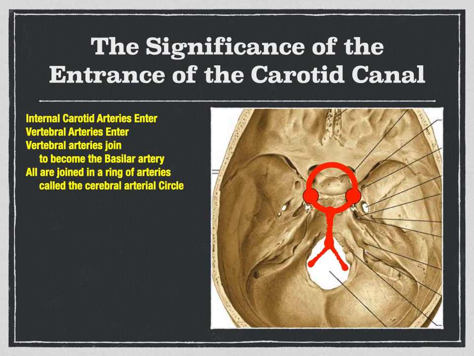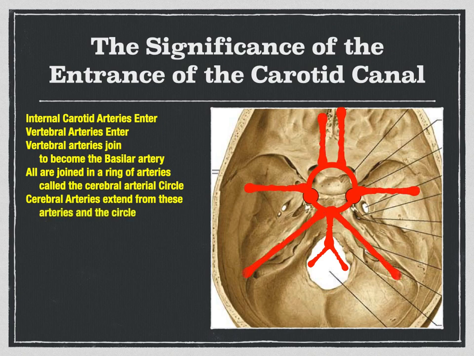From this circle, then, come three pairs of cerebral arteries, arteries that are going to come out from under the brain and sweep up over the top of the brain. So those cerebral arteries look like this: two anteriorly, two medially, and two posteriorly. So there are anterior, middle, and posterior cerebral arteries.